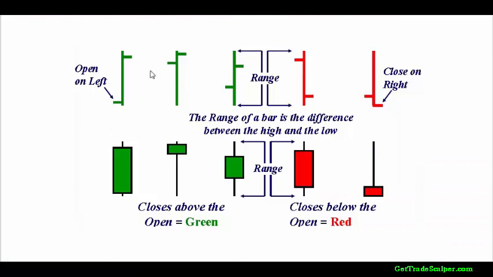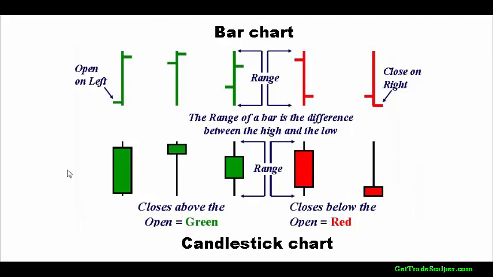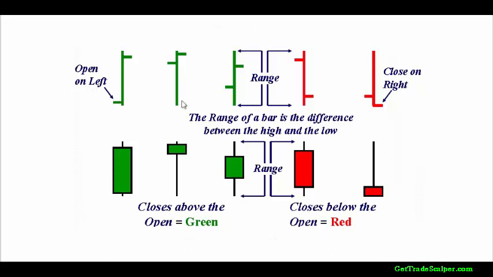All right, so let's have a look at this here from a bar chart versus a candlestick chart perspective. At the top, you see here we have the bar chart. This is the Western world's old way of charting price action.